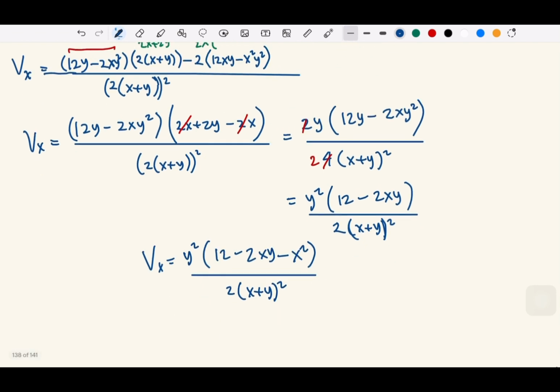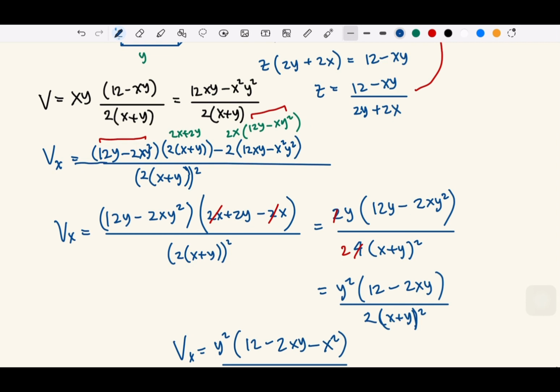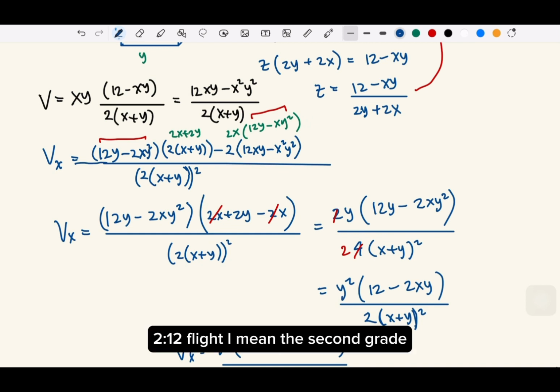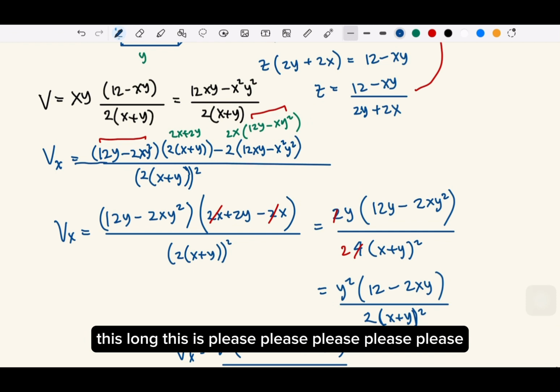Anyway, do you know the mistake? Y minus xy is good. Oh, here? Yeah, I put x here. In the front is 12y minus 2xy squared. Same equation, go y. In the front. Which one? This one, right? So this is 2xy squared. This is xy squared.